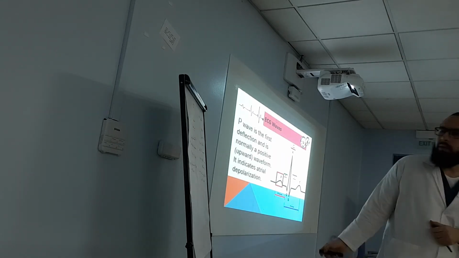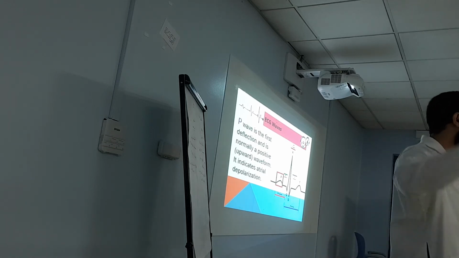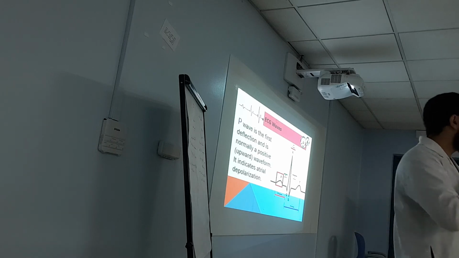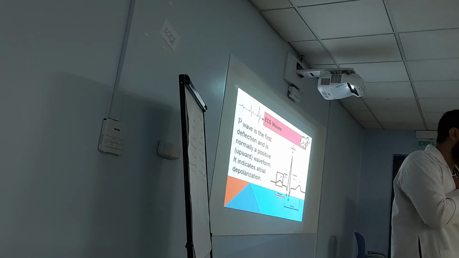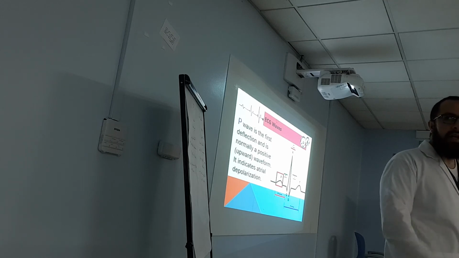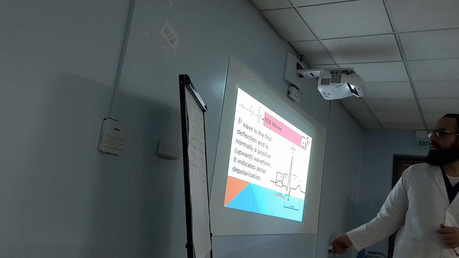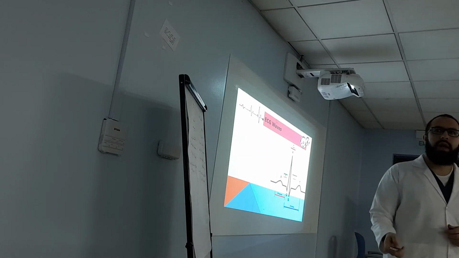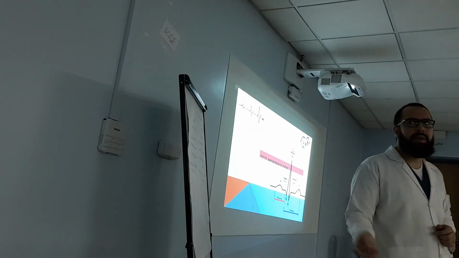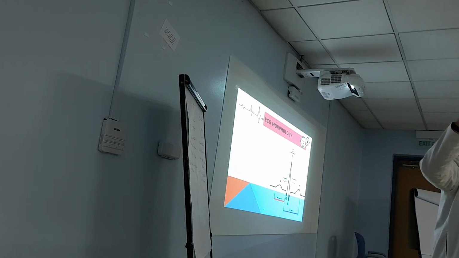The P wave is the beginning, the start of the cardiac cycle. As explained by Mr. Eric, first the atrium will contract, then the ventricle. What makes the atrium contract? The sinus, the SA node. Then you will have the P wave, and the depolarization and repolarization were already explained by Mr. Eric. Any further explanation needed?